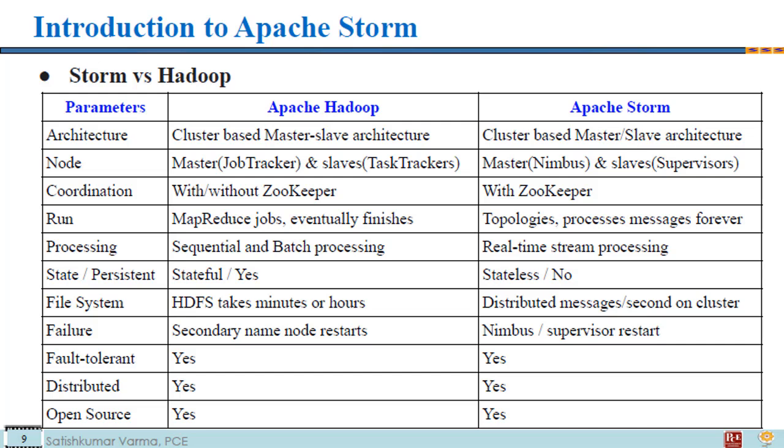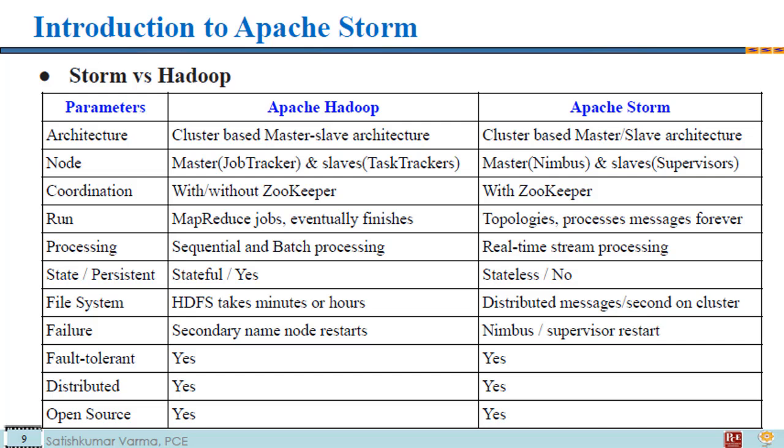Both are free and open source cluster-based frameworks for analyzing big data based on master-slave architecture, where the master node in Hadoop is called job tracker and the slave node is called task tracker. While in Storm, the master node is called Nimbus and the slaves are supervisors. Apache Hadoop architecture coordinates without Zookeeper, whereas Storm coordinates only with Zookeeper so far.